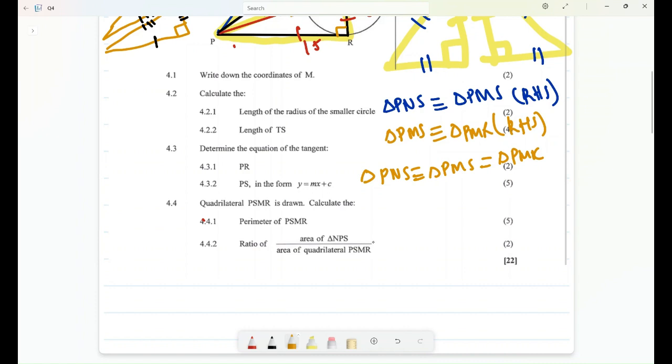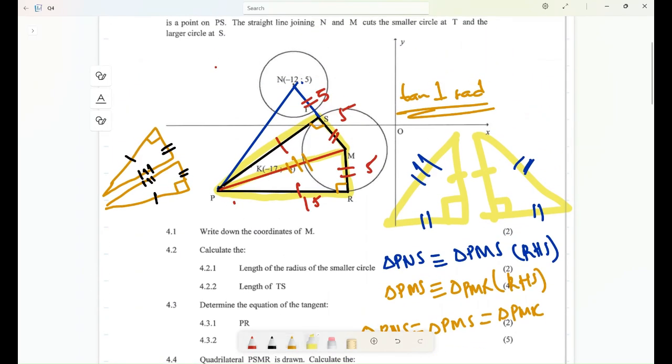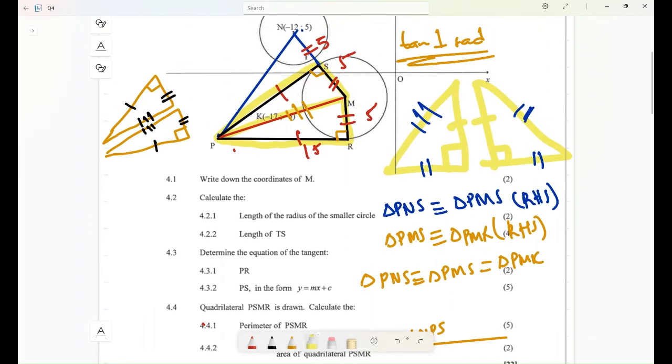Remember now, area of PNS is just triangle NPS, right? But now the area of quadrilateral PSMR, the one I did with a highlighter here, that quadrilateral there, I can also divide it into two, which is PMS, again PMS, and PMR.